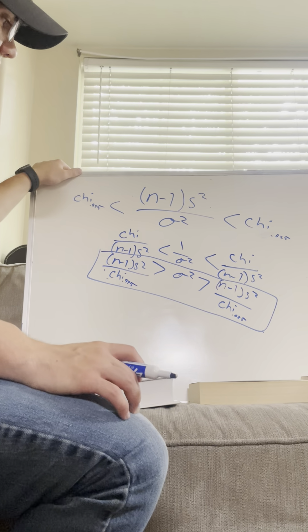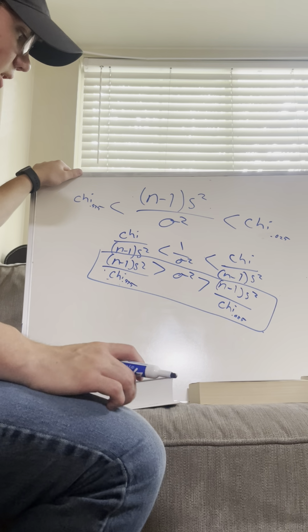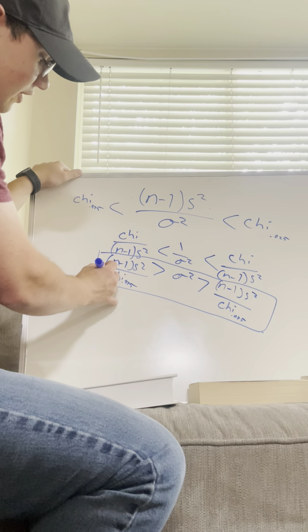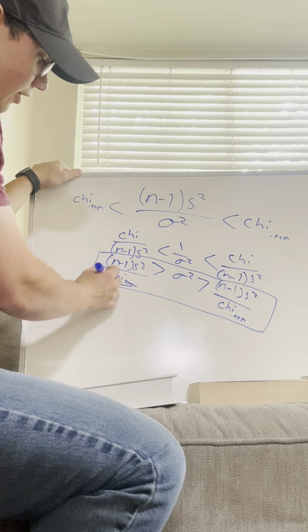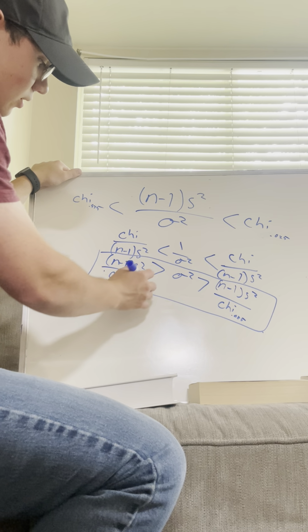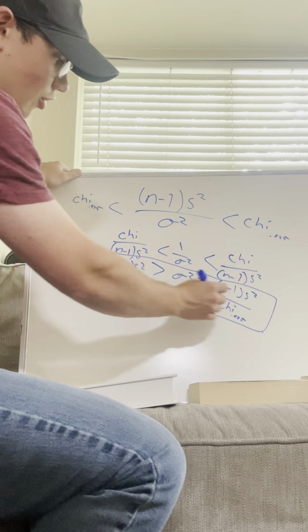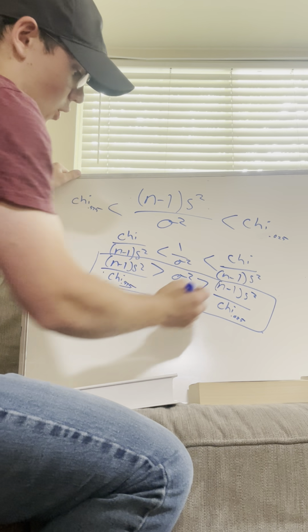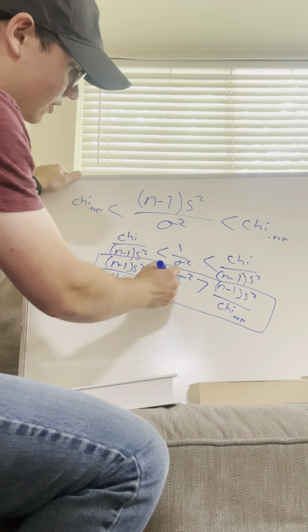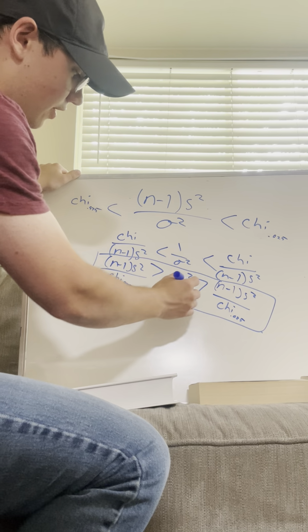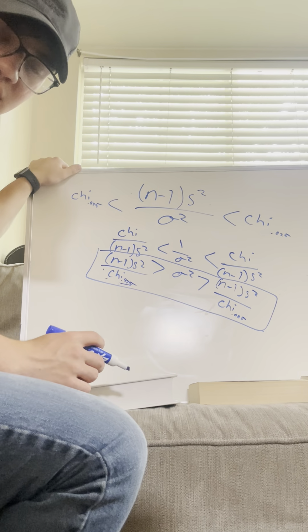And that makes sense, right? Because if we have a smaller number in the denominator, that means this whole value will be larger than this whole value, which is exactly what we want, because sigma squared is larger than this value, but smaller than that one.